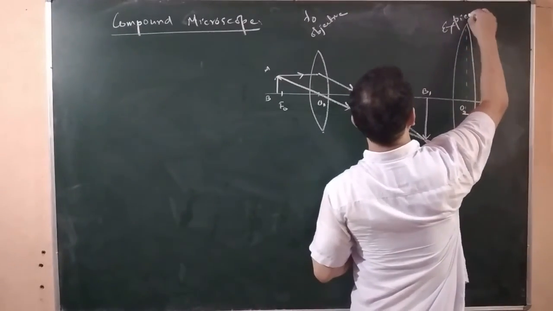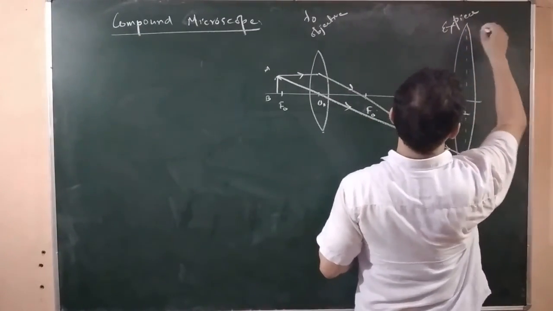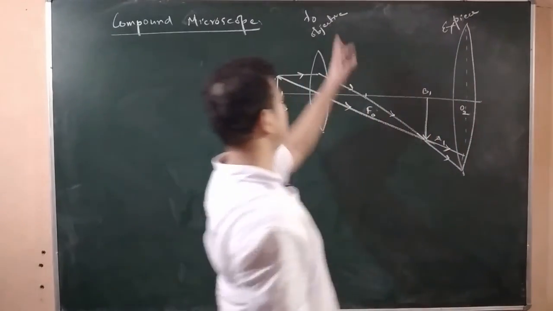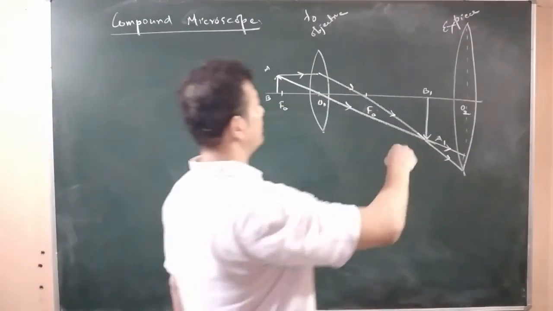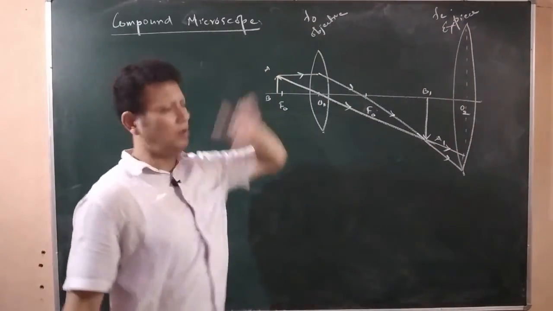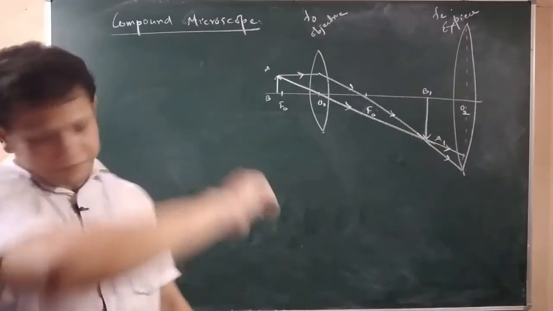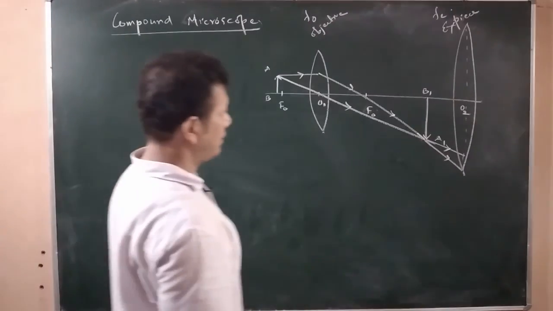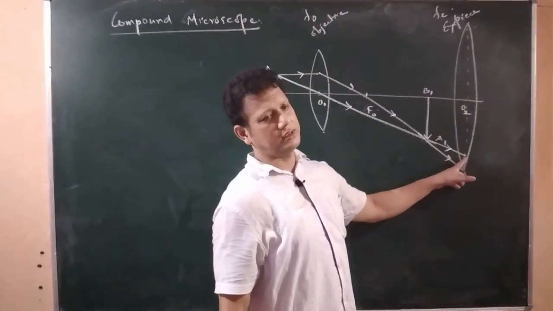The eyepiece. This is the eyepiece lens, and this is the objective lens. And what do we name the focal length of the other? FE. E means eyepiece, O means objective. Clear? So another refraction will now take place through this lens.